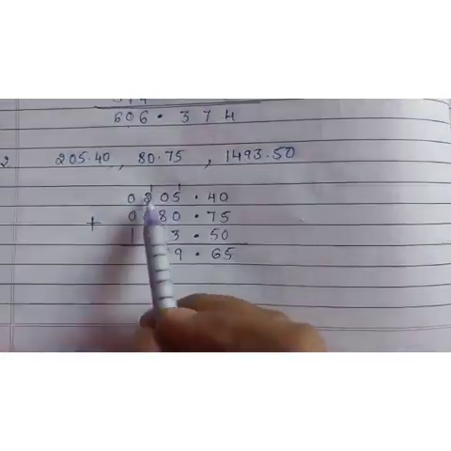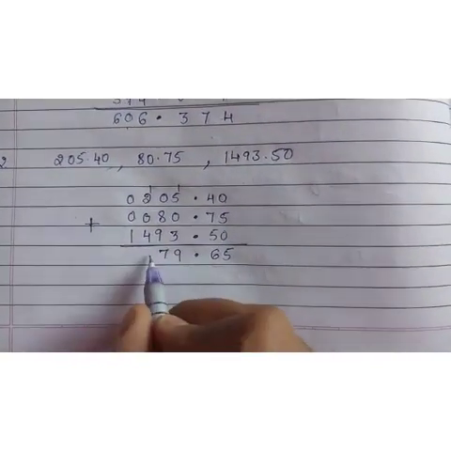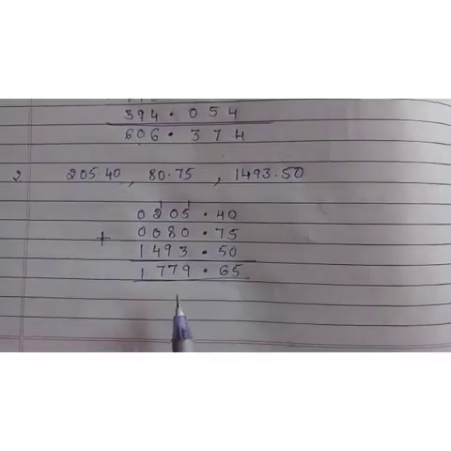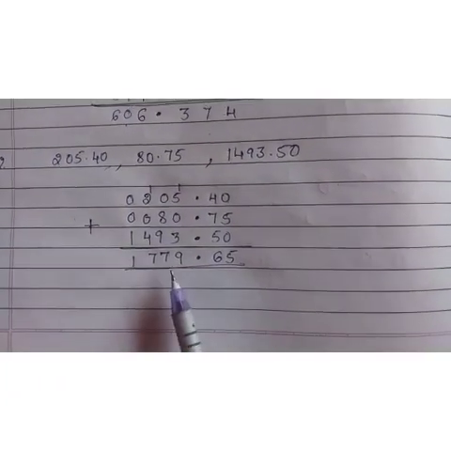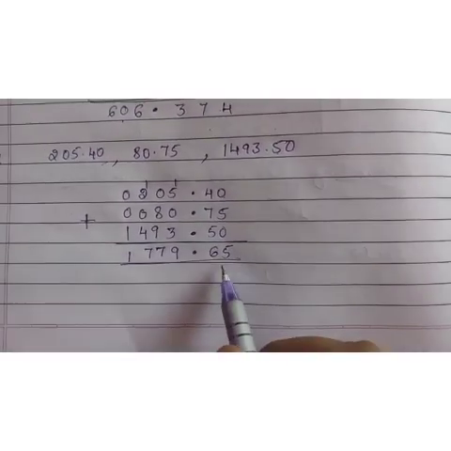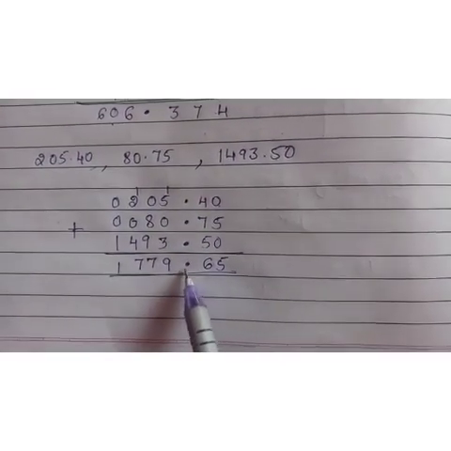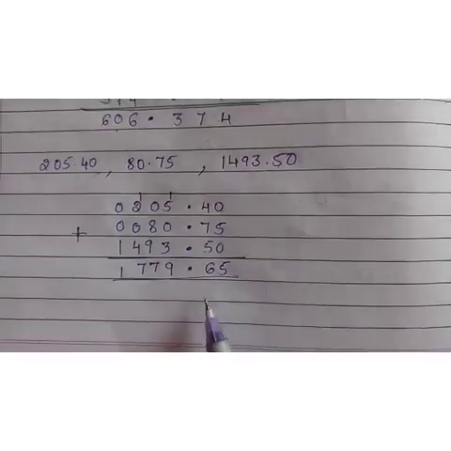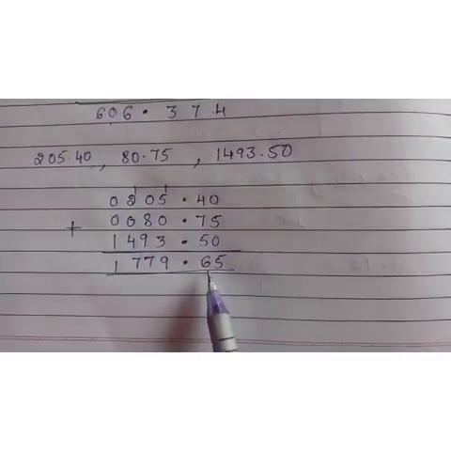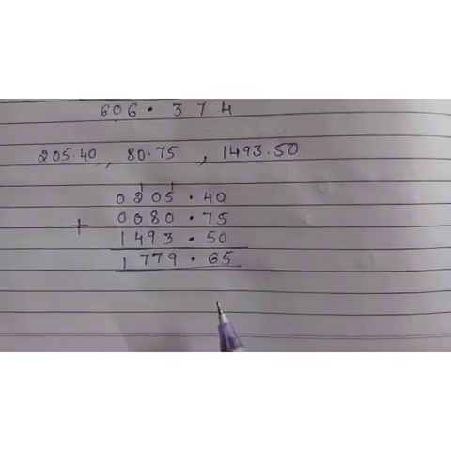Give 1 carry. 1 plus 2 is 3. 3 plus 4 is 7, and this one as it is. So we have the answer 1779.65. Whenever you are reading the numbers which come after decimal point, don't read it as sixty-five. It has to be read as six five.